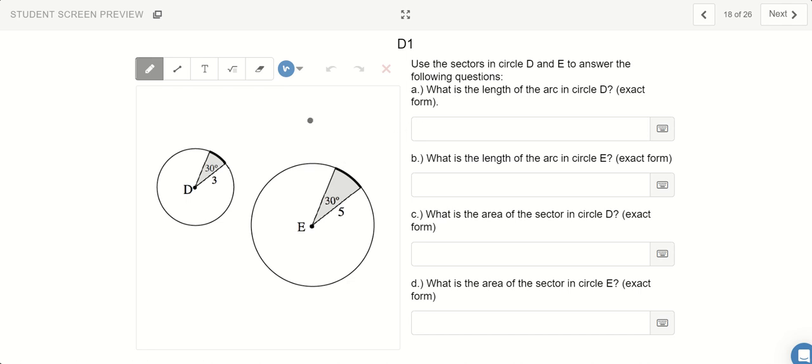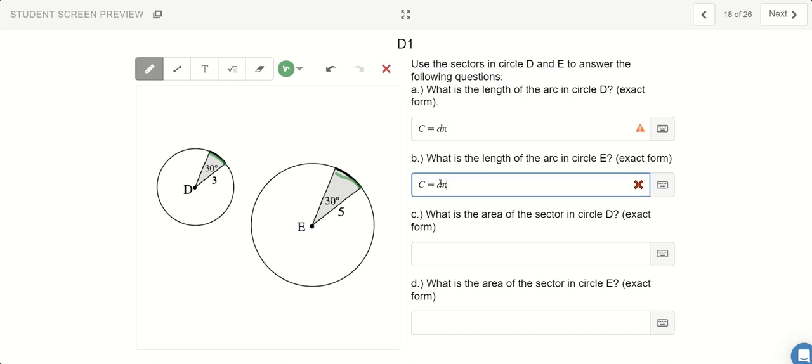First, what's the length of the arc? So again, this green part is going to be the arc. So what's the length of arc D and arc E over here? So let's see. We know this is going to refer to circumference. We know the circumference formula is diameter pi.